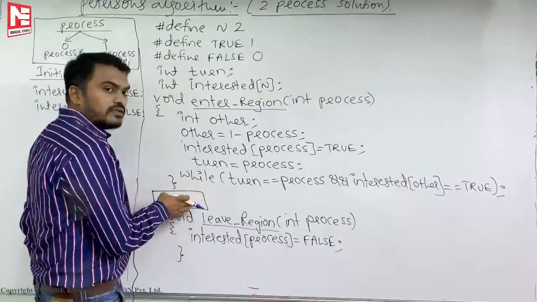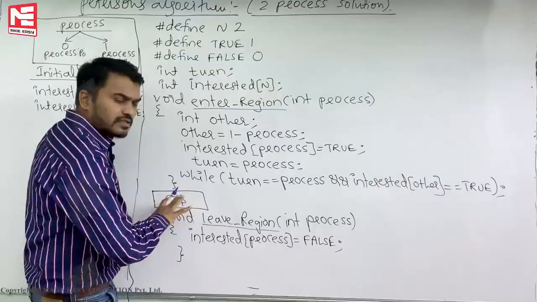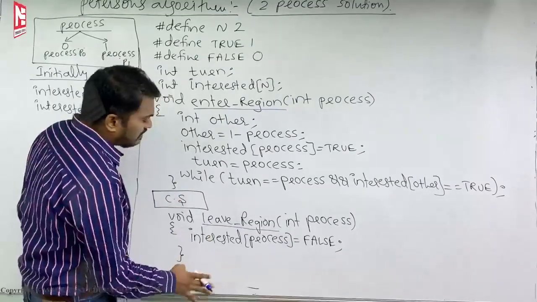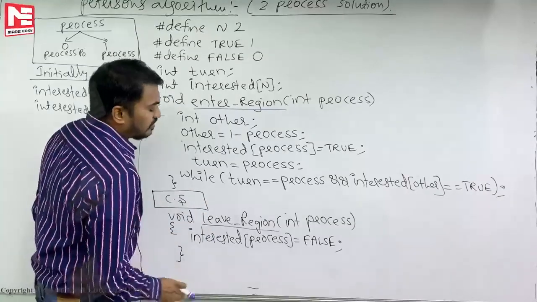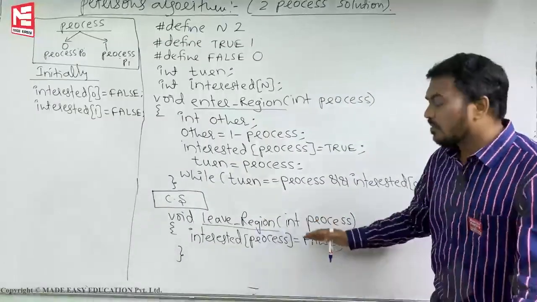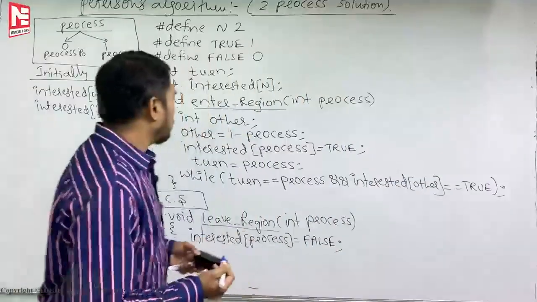Condition is false, it enters the critical section and makes use of the shared variables and shared resources. Once it has completed the critical section, while leaving the critical section, what will it do? It will make interest of process equal to false. That is how the code will execute.